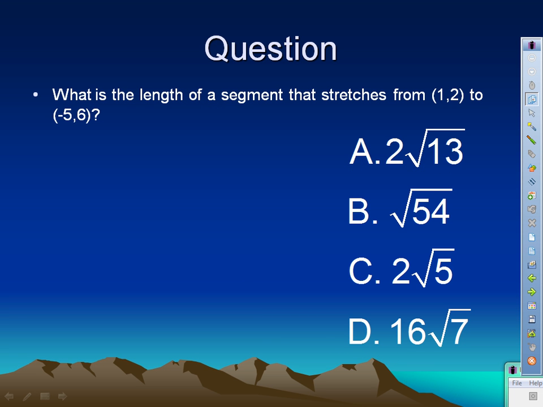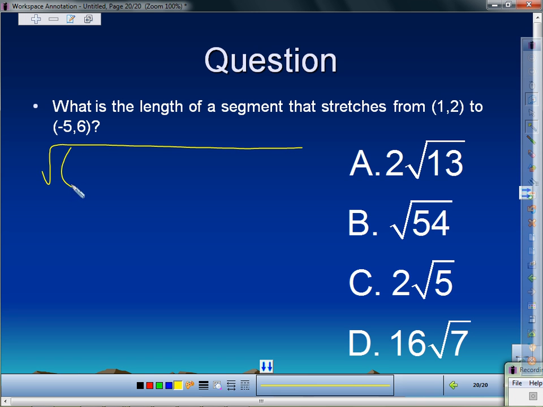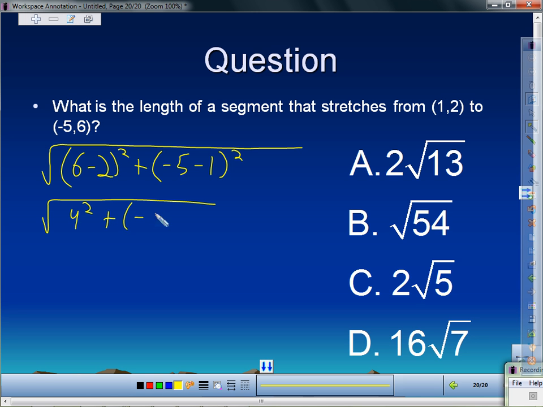This problem, distance formula. Okay? So, I know that I'm going to be subtracting my y's. 6 minus 2 quantity squared plus negative 5 minus 1 quantity squared. So, 4 squared plus negative 6 squared.